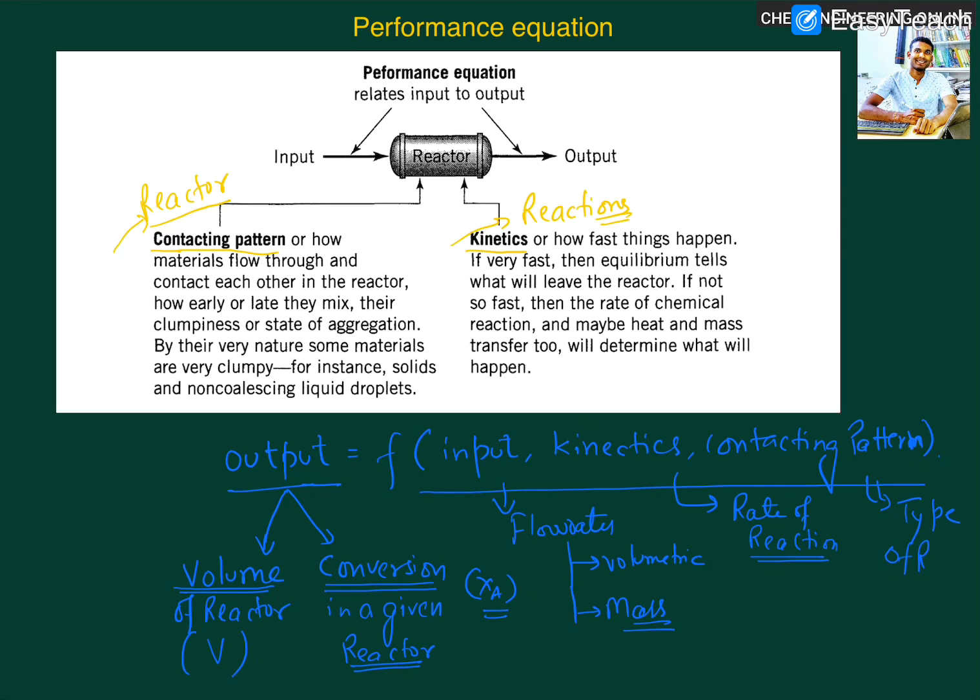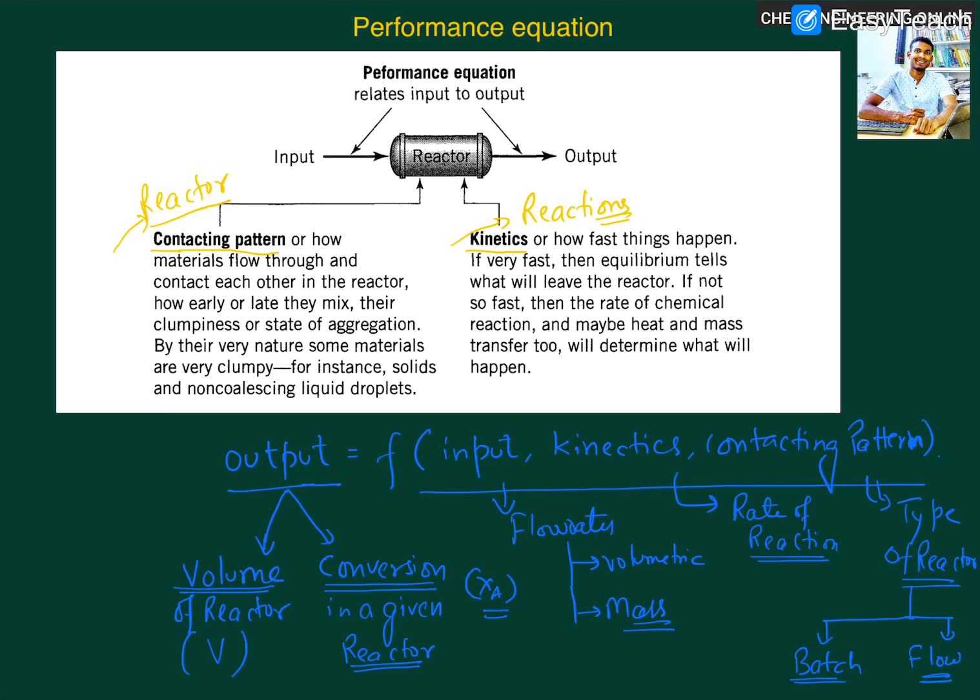So different type of reactor will have different contacting pattern. In a nutshell, if I say, in batch and plug flow, we will discuss more in detail about this. So broad classification is this, batch and flow. So batch will have a different kind of contacting pattern, flow reactor will have a different kind of contacting pattern. So this is the overall picture of performance equation.